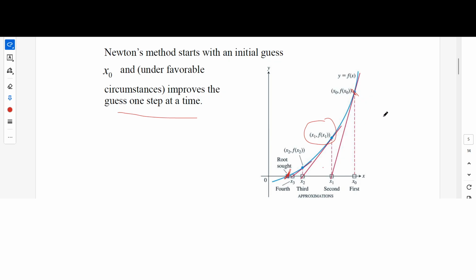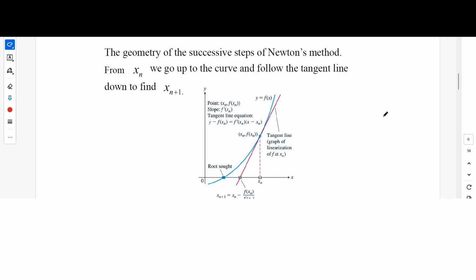Okay, what happens when you keep doing that? In general, when you try to find the slope of the tangent line at the nth point, let's say the nth point is xn comma the value of the function at xn, then this would be your equation of the tangent line. You remember y minus y1 equals m times x minus x1.